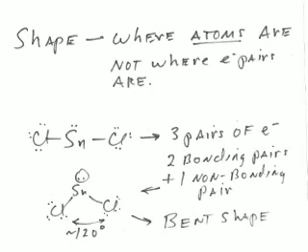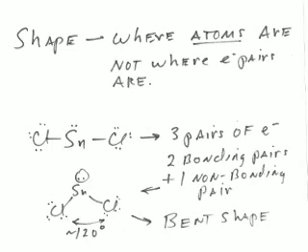And this is something important that we have to keep in mind. When we're talking about shape, we're not talking about where the electrons are. The electrons might decide where everything is ending up, but the electrons themselves are invisible. We never get to see the electrons themselves. Instead, when we look at atoms and molecules, what we see are the heavy, dense parts, which in the atom is basically the nucleus.